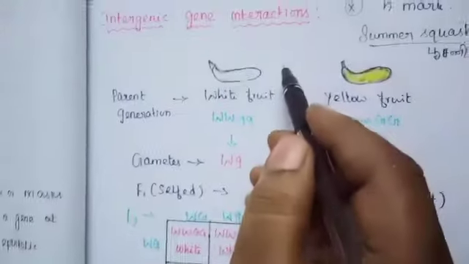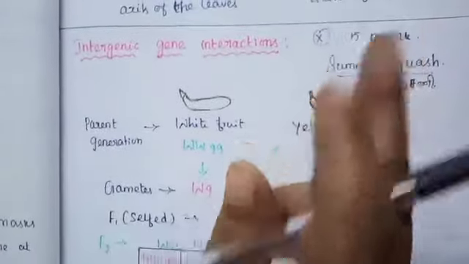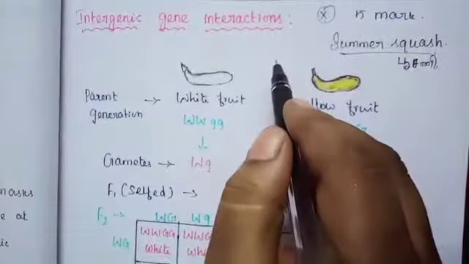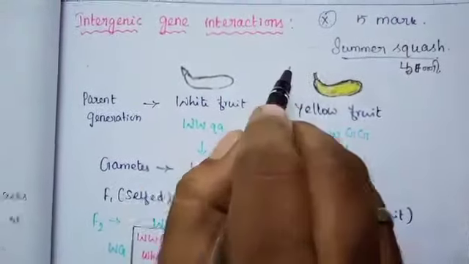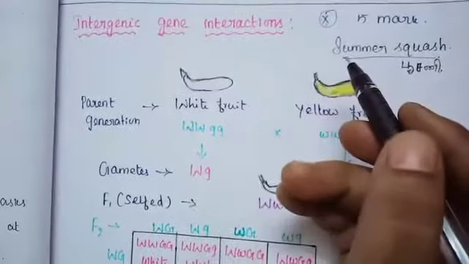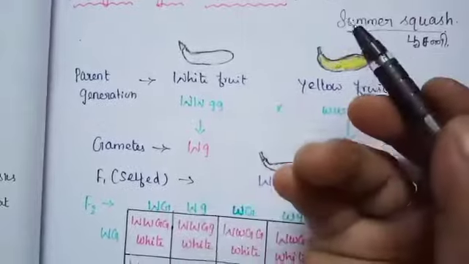What is dominant epistasis? It is a gene interaction in which the two alleles of a gene at one locus interfere with and suppress, which means hide or mask, the phenotypic expression of a different pair of alleles of another gene at another locus.